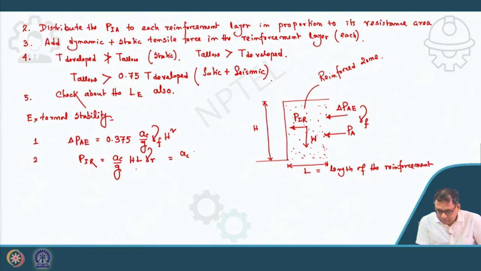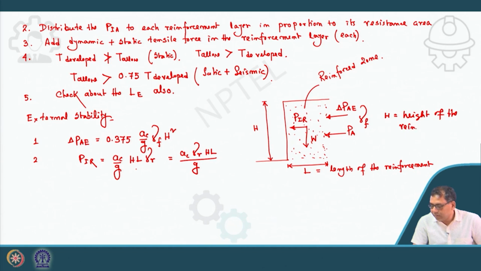So, PIR is AC gamma R H into L divided by G, where H is the height of the reinforced wall. So, remember that in case of del PAE it is gamma F, but in case of PIR it is gamma R, that means the unit weight of the reinforced zone.